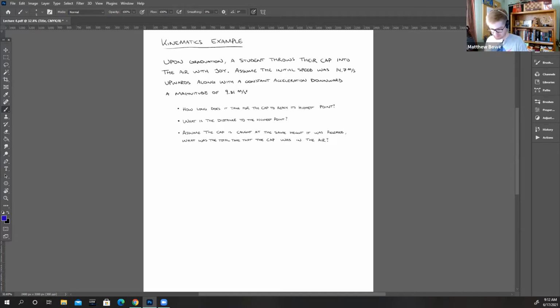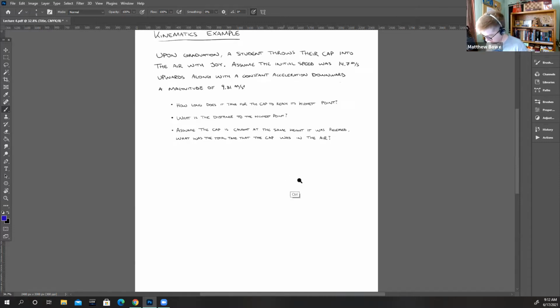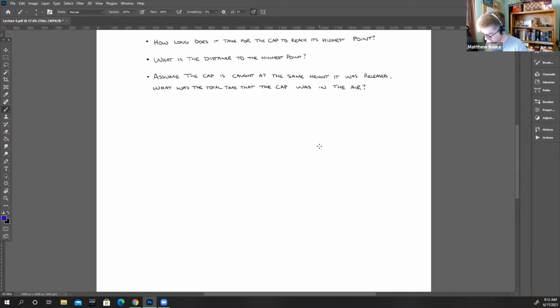Okay, so starting out, let me draw a picture real quick. We're going to have an initial height we'll call y0. And we're going to be transitioning into 2 dimensions. For things moving vertically up and down, we're going to change from x to y.